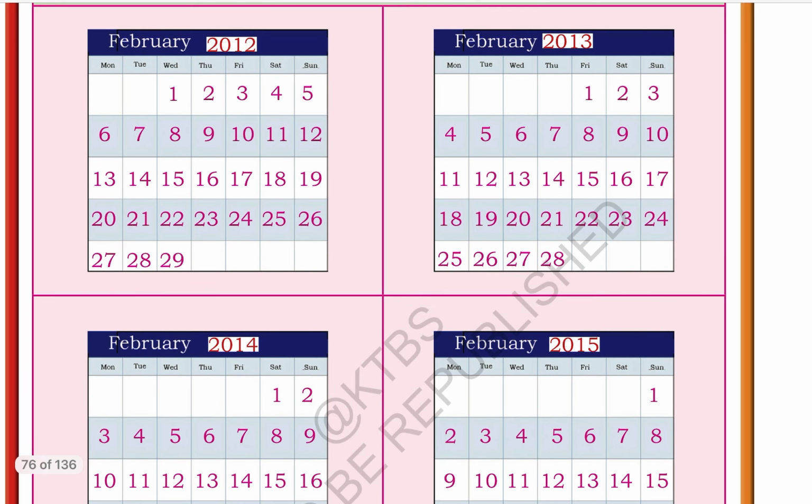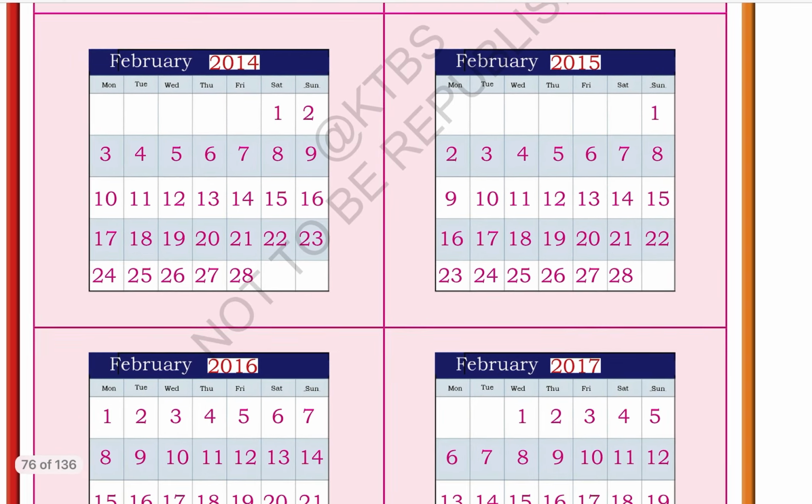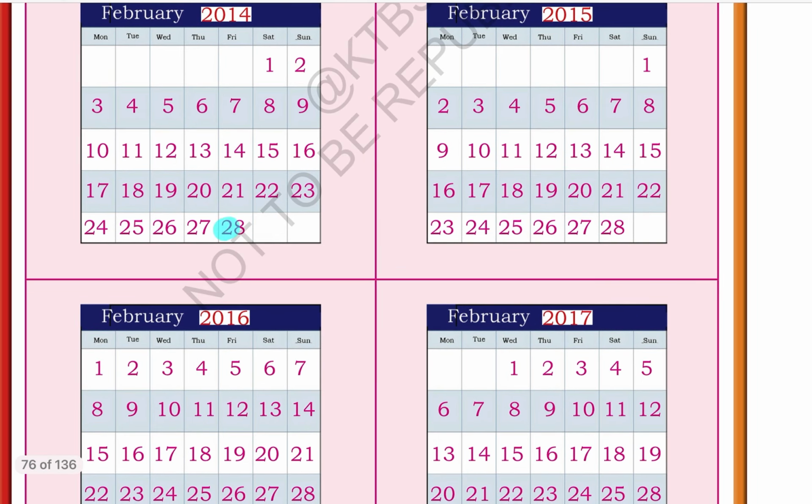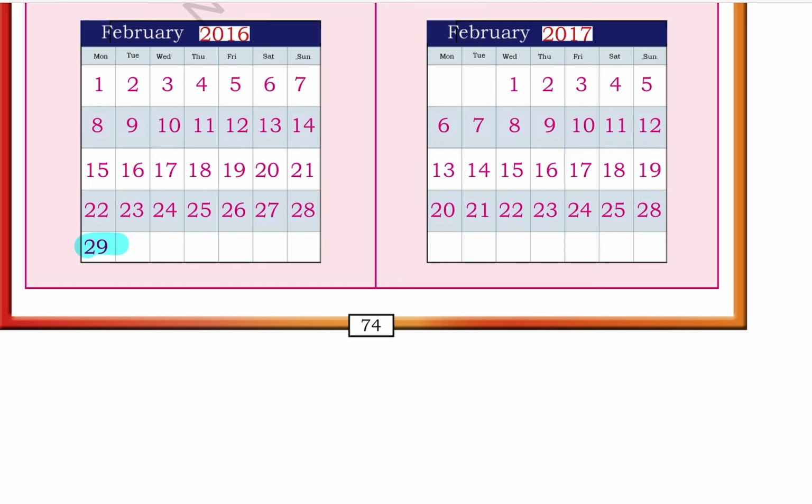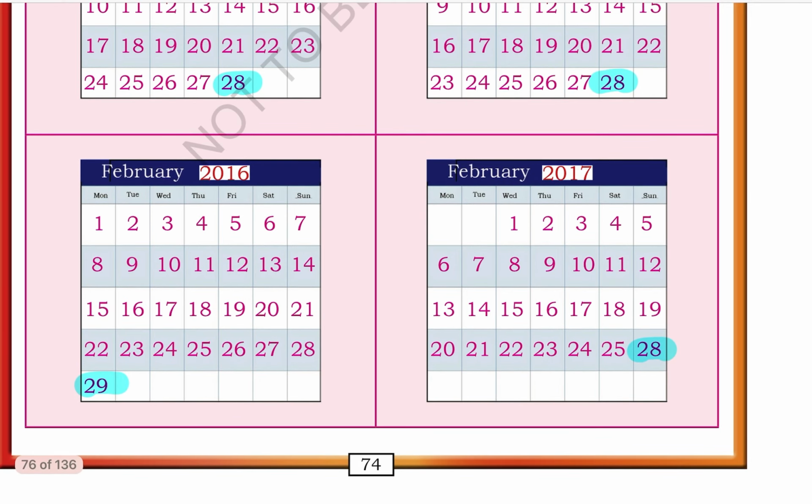See, February 2012, how many days are there in February 2012? 29. 2013, 28. 2014, 28. 2015, 28. 2016, 29, and 2017, 28. In how many years you get 29 in February?